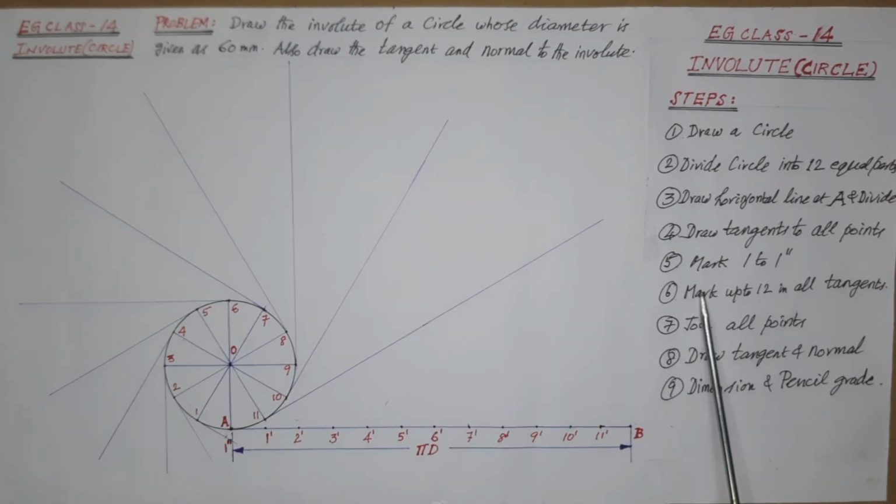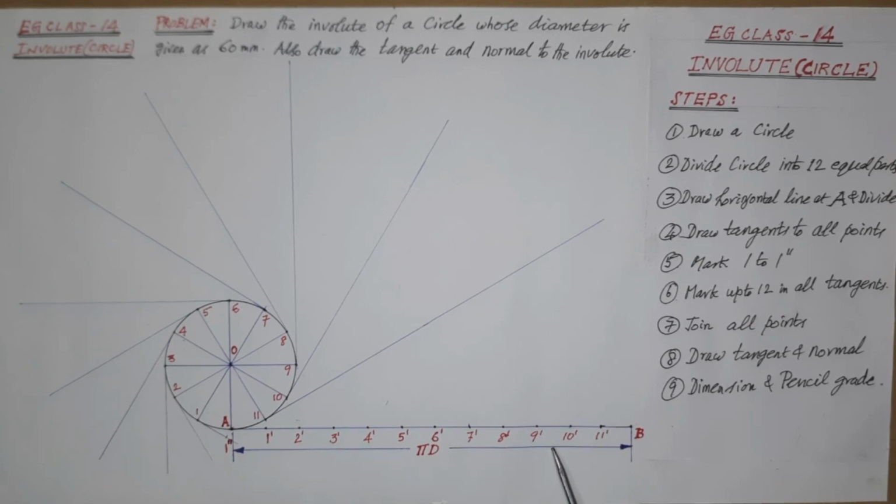Next, as per step 5, mark 1 to 1 double dash. Now the length marking is important, with proper length without mistake. For this, remember to take all the lengths only from the horizontal line AB and mark on the successive tangential line.